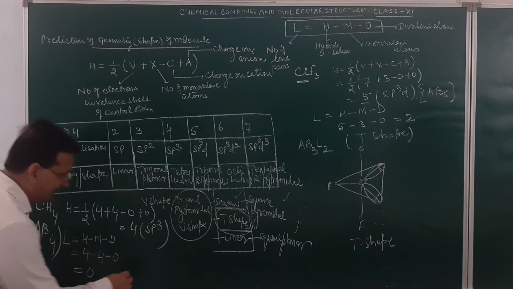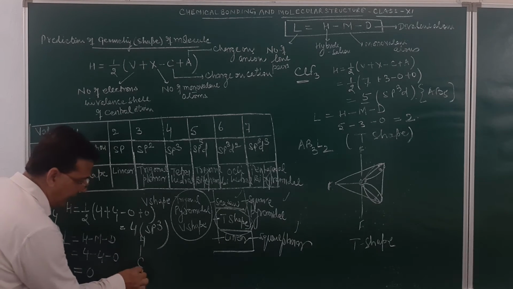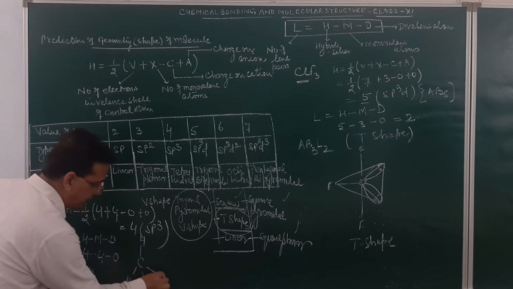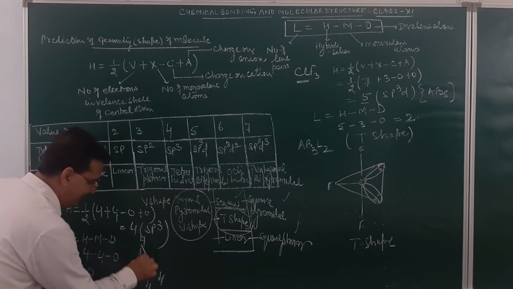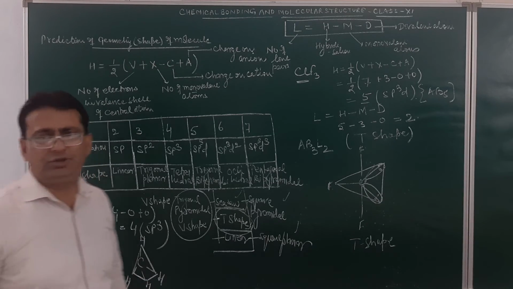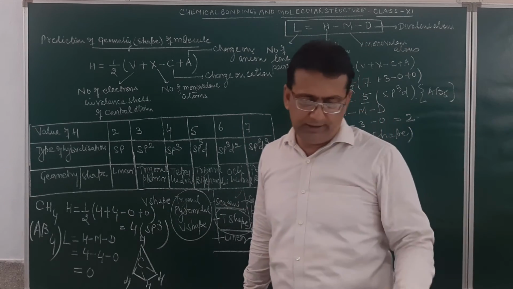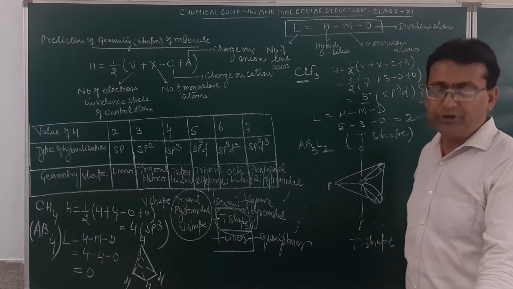So how will we make the methane molecule? This will be carbon, and this will be hydrogen, hydrogen, hydrogen, and hydrogen. This over here is the geometry of the methane molecule. I think it should be very clear now. Is it clear?